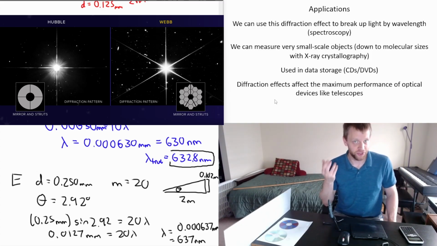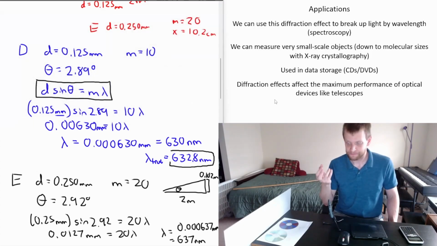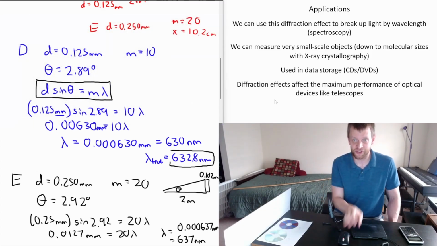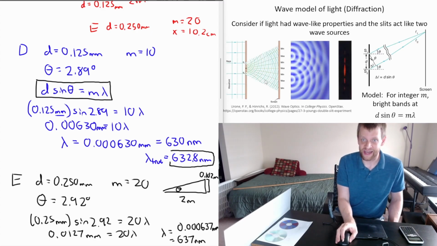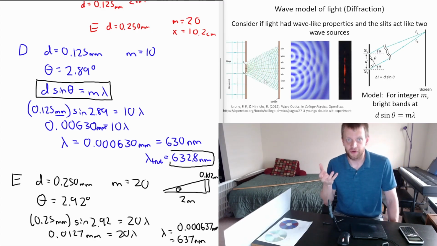We have to be able to take that into account if we're going to understand how these telescopes are making their observations. So again, there's a lot of applications for this, for looking at light as a wave phenomenon.